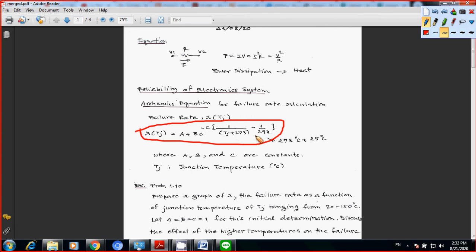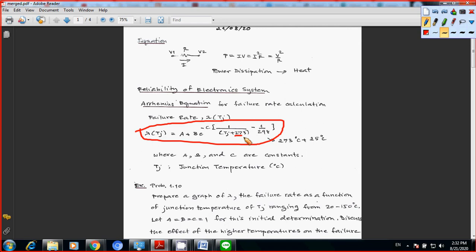And you know that 273 is nothing more than what's used to convert the temperature in degrees Celsius to Kelvin, or absolute temperature.